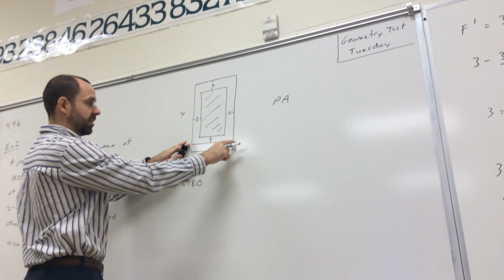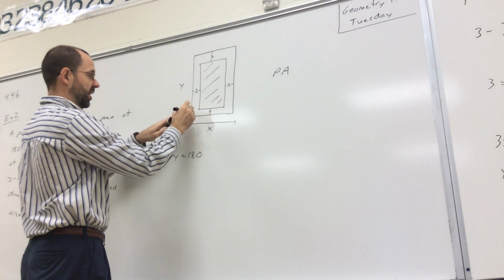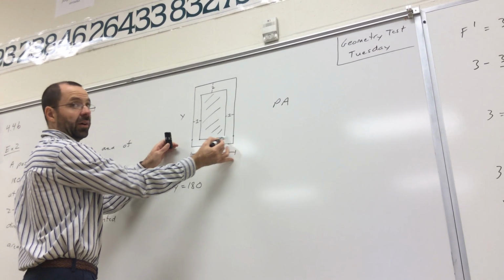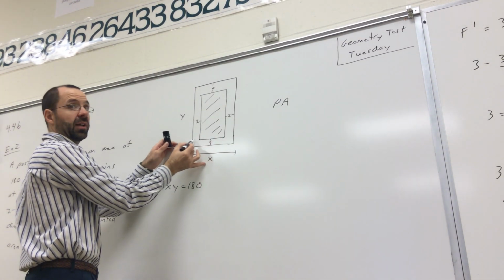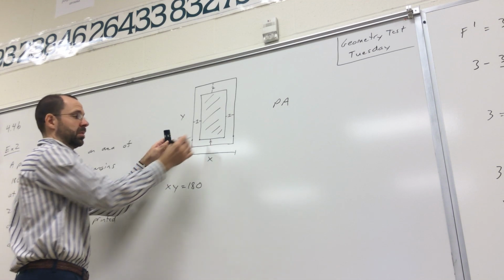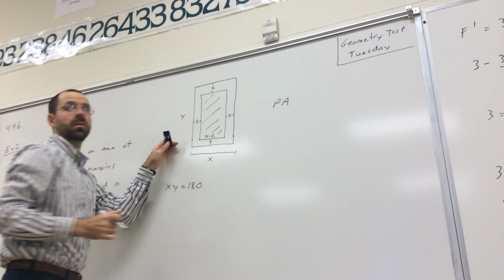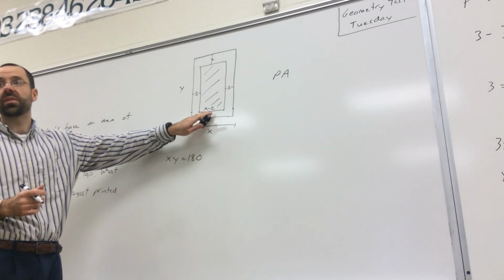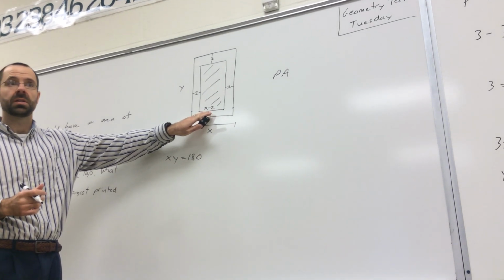So this is x from here to here. And I subtracted 1 over here, and subtracted 1 over here. So this width is x minus 2. Is everybody okay with that width there being x minus 2?